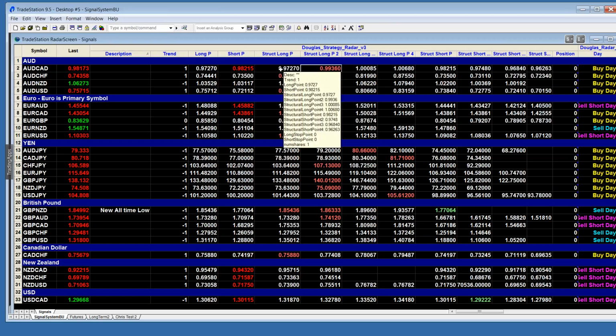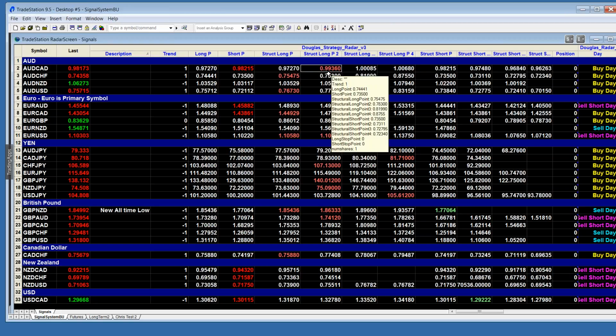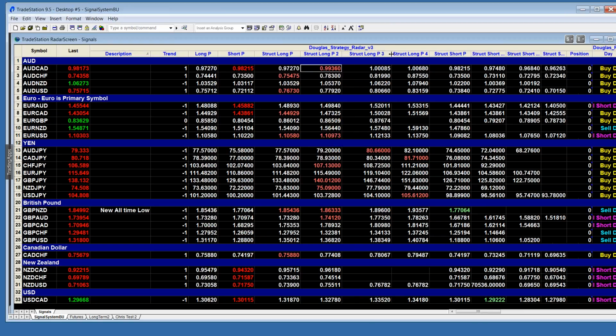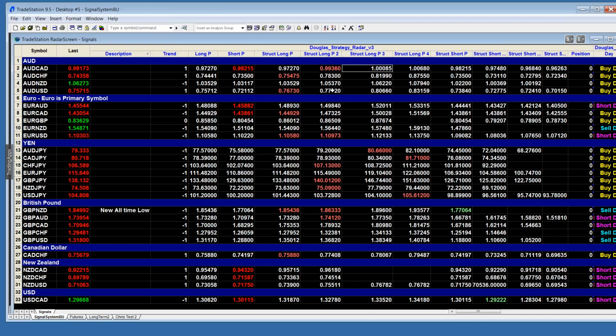So this one is 97.270. The one that's above it is 99.36. And then there is another one above it, which is 1.3085. And then there is a fourth one. So we layered 4 structural points above the entry, and we also have 4 structured points below the short entry.